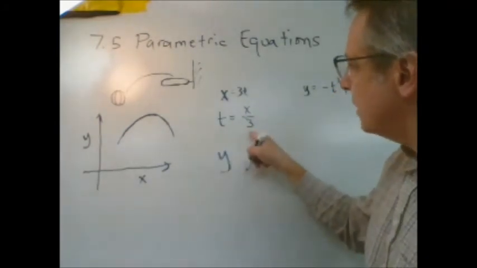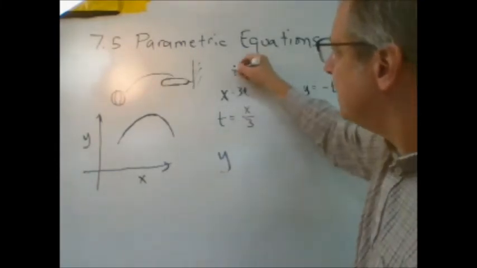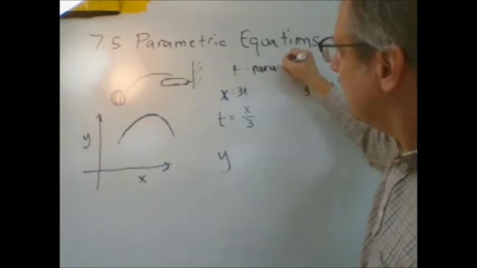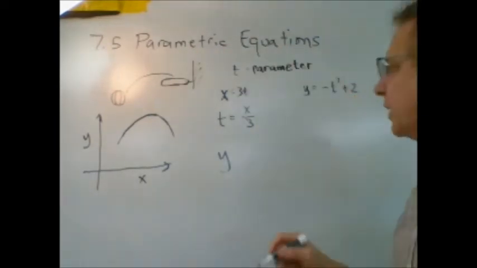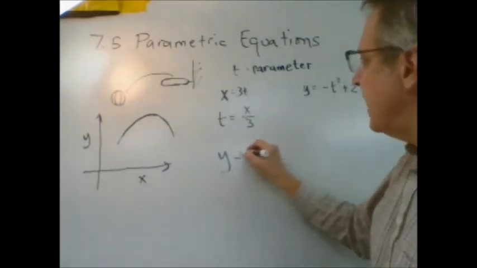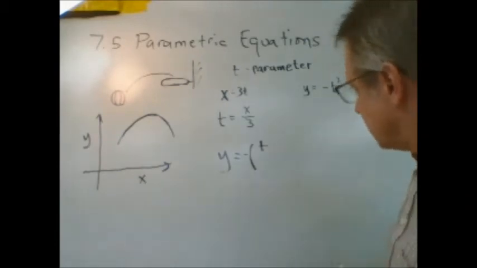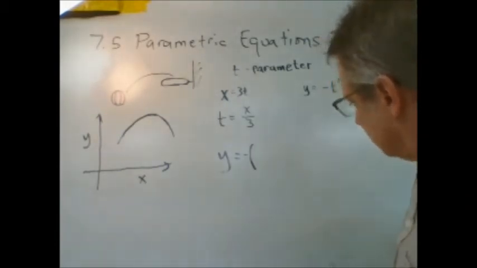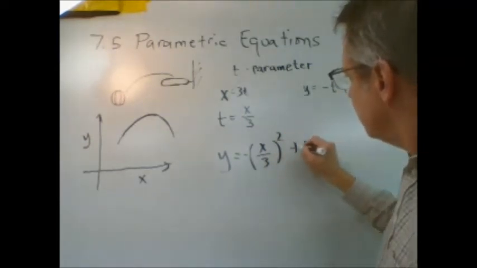If I take and solve this equation for t, and we're going to call t the parameter, hence the section parametric equations, and then plug that into negative x over 3, squared, plus 2.